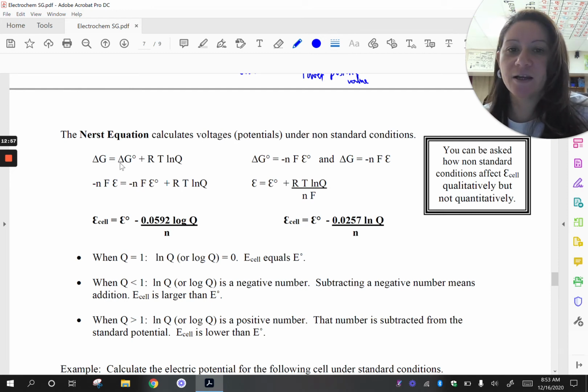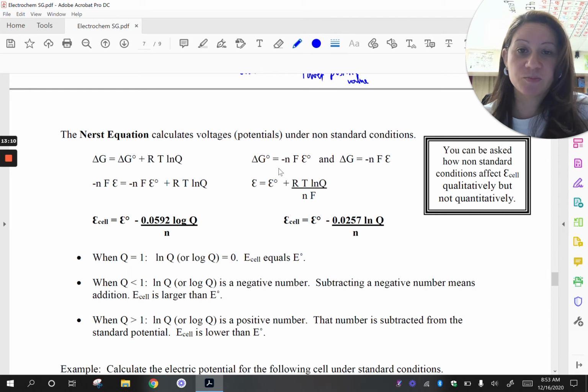So we said in the previous chapter that delta G at non-standard conditions is equal to delta G at standard conditions plus RT ln of Q. And we just said on the previous page that delta G naught is equal to negative nFE naught. If you're not at standard conditions, then you can say delta G at non-standard conditions is equal to negative nFE at non-standard conditions.